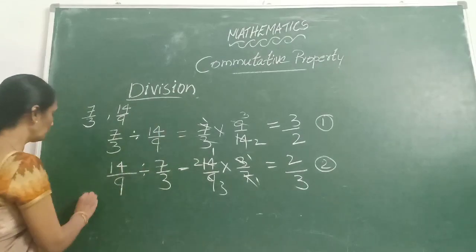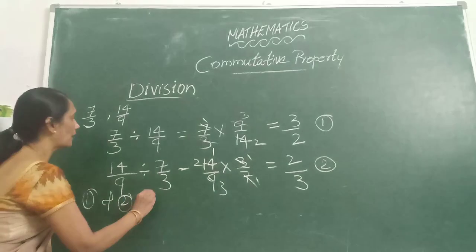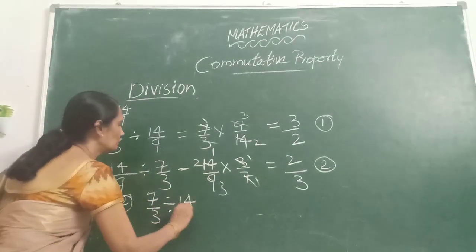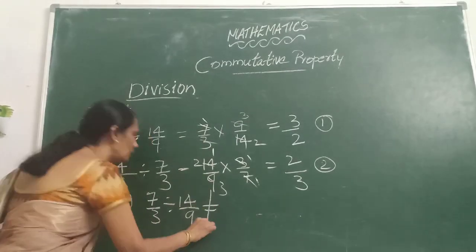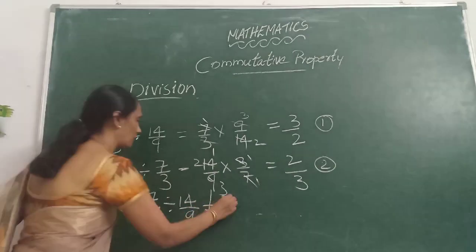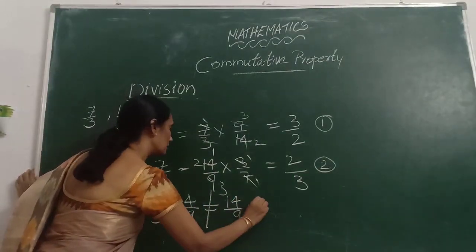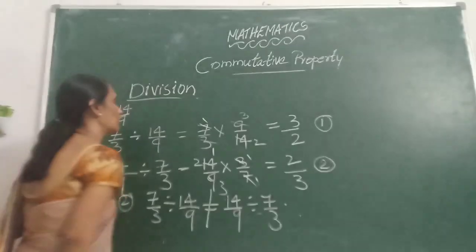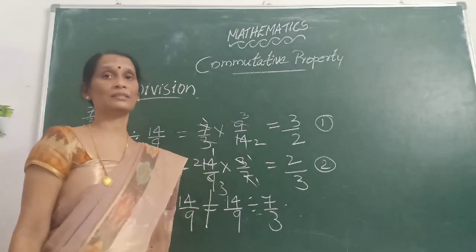From 1 and 2, what did you understand? We got that 7 by 3 divided by 14 by 9 is not equal to 14 by 9 divided by 7 by 3; when the order is changed, we got another answer. So from this, what conclusion do we get?